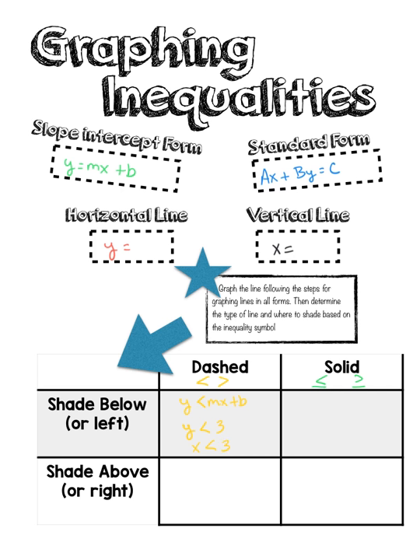So if any of these are less than, you shade below. If it's a horizontal line, it's below. And let me write that down. Below. Left.